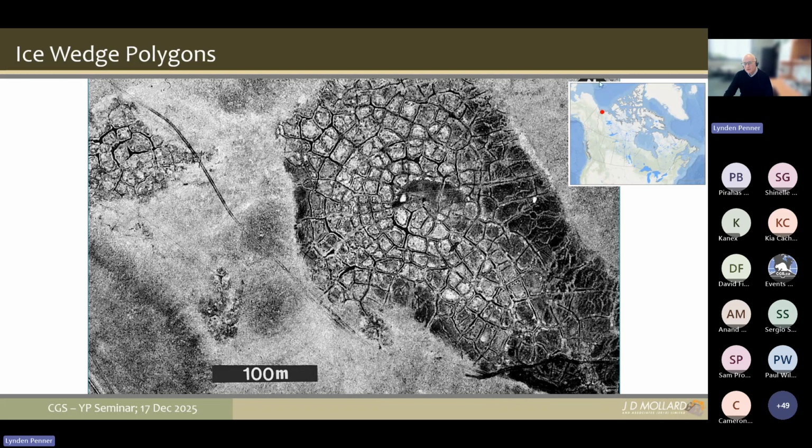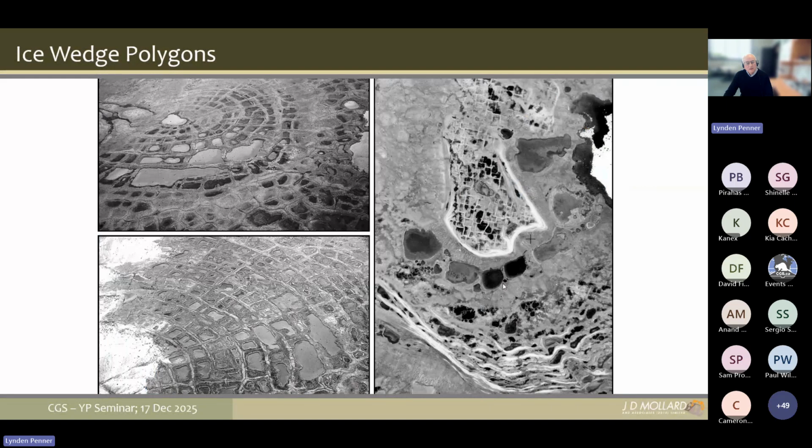In these maps, you'll see I've got the general location of where this image is from. Just other examples of the expression of ice wedge polygons. As I say, often where there's been a drained basin, you form sort of a concentric pattern of polygons around shoreline positions as the basin drained, and then additional features that run radially or perpendicular to that shoreline feature.